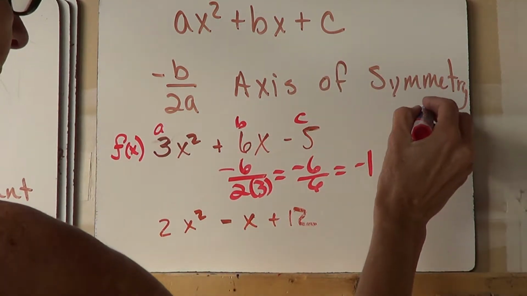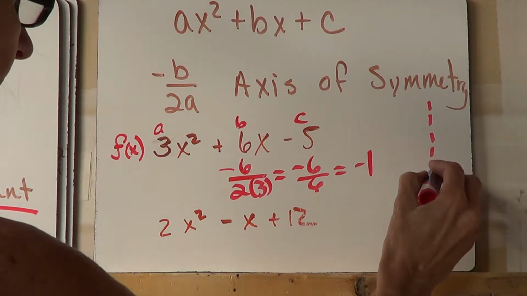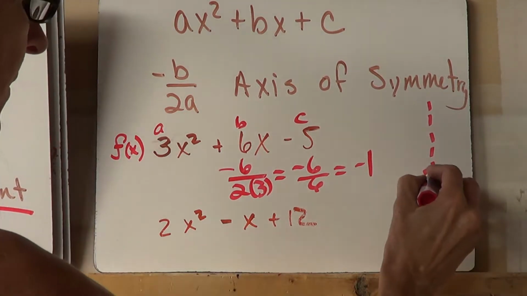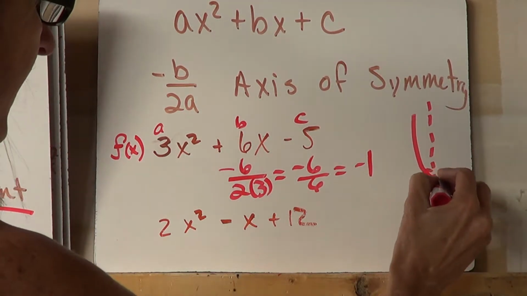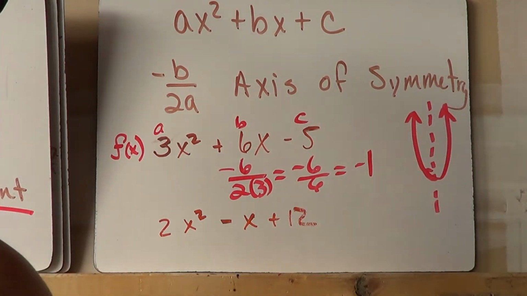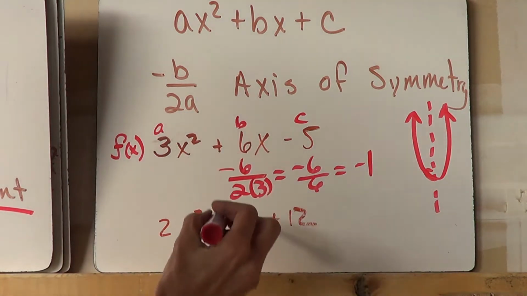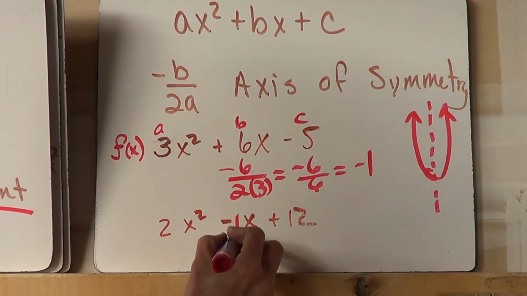And what an axis of symmetry is, is the line on the graph that's splitting the quadratic right down the middle. It's the mirror image line of the quadratic, or the parabola. So on this one, our b value would be negative 1.